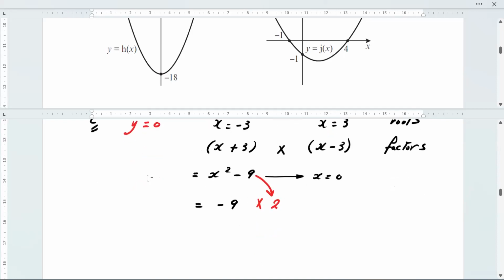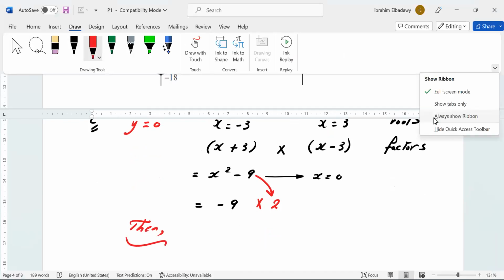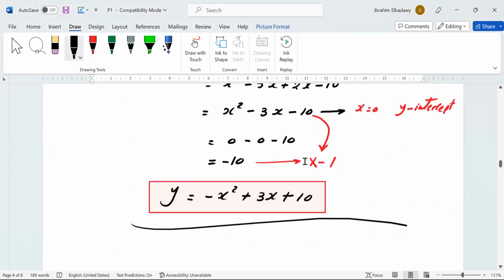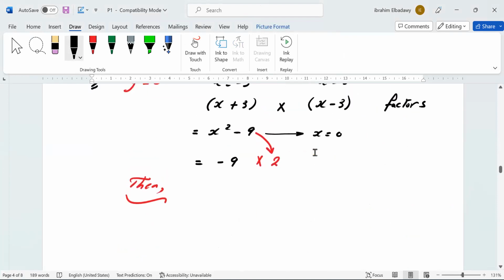So now you get y equal to, when you multiply by 2, 2x squared minus 18.